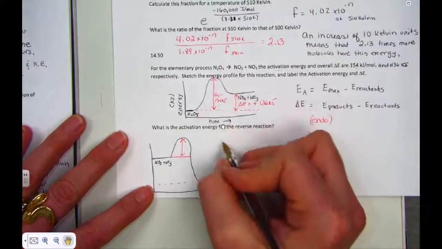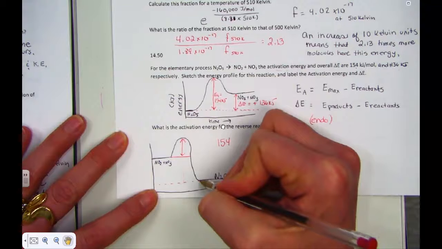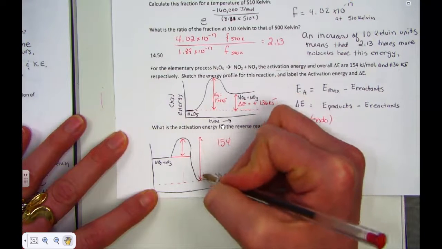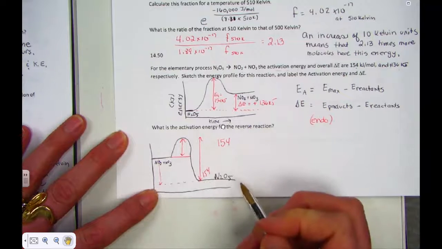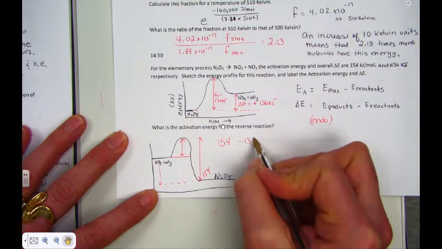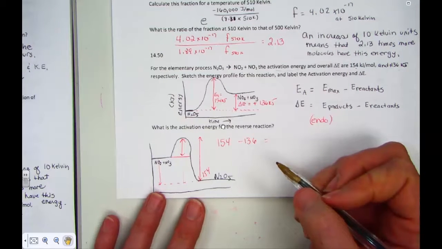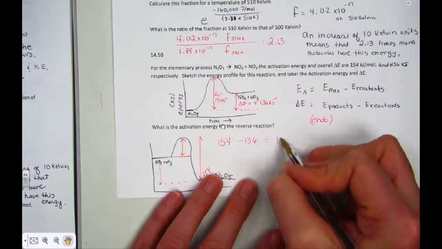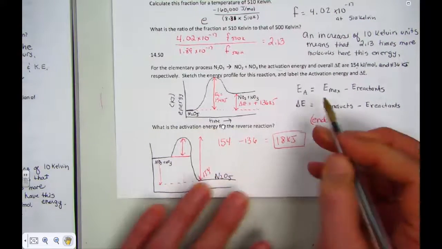Well, it's simply the difference of where we started, 154, which would be this entire value. This would be 154. And this value here was what we found as 136. What is that difference? And we'll have the reverse reaction's activation energy. And that looks to be 18 kJ when I subtracted that.